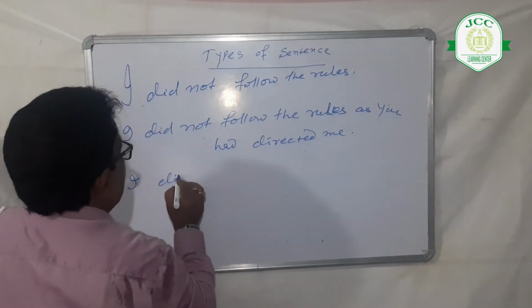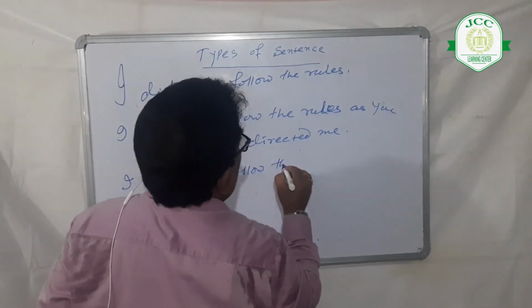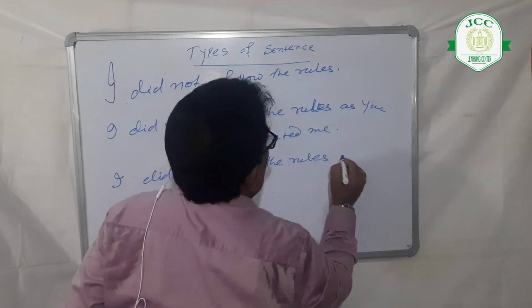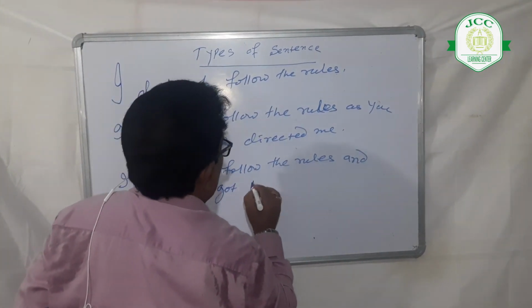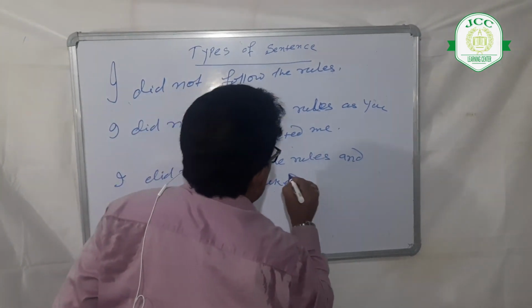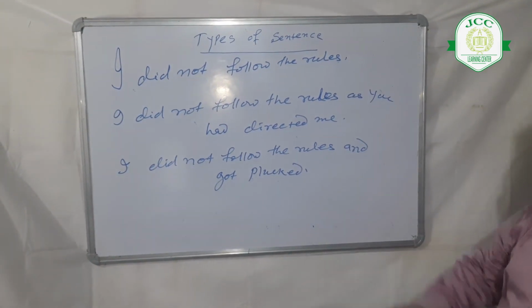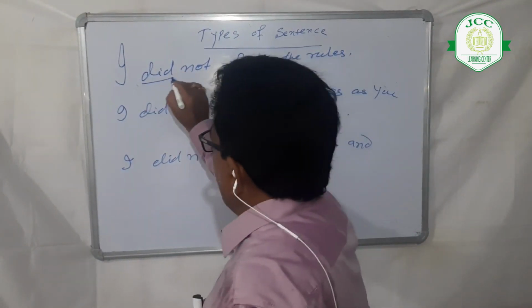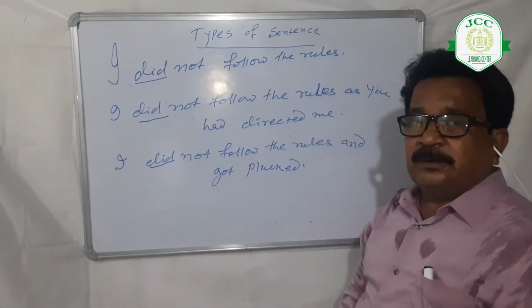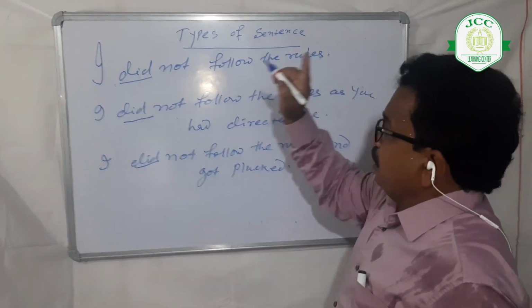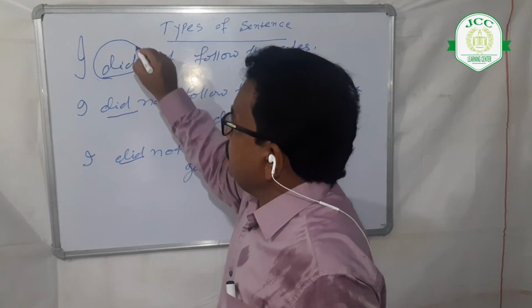I didn't follow the rules and got blocked. In the three sentences, here did is the finite verb. In this sentence, there is only one finite verb, that is did.